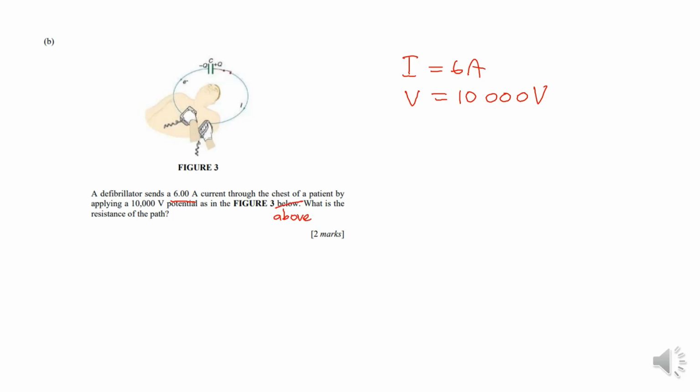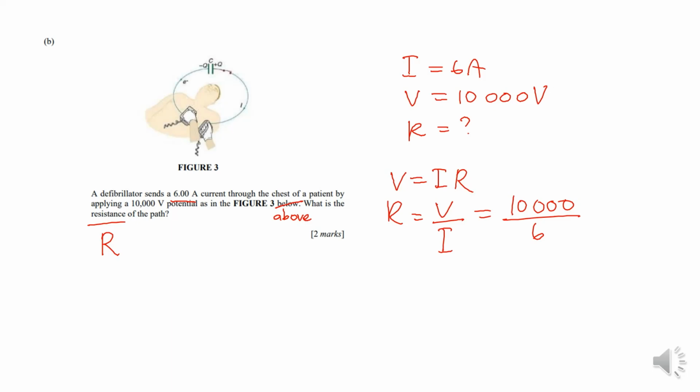What is the resistance of the path? So dia nak R. So kita tahu V sama dengan IR, so R equal to V over I. So voltage is 10,000, I is 6. So dapatlah R is equal to 166.67.